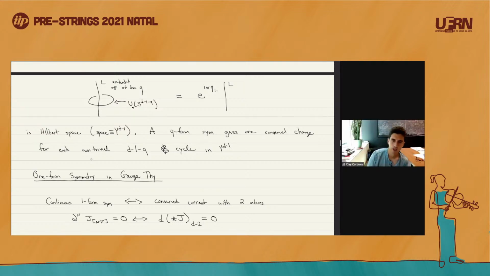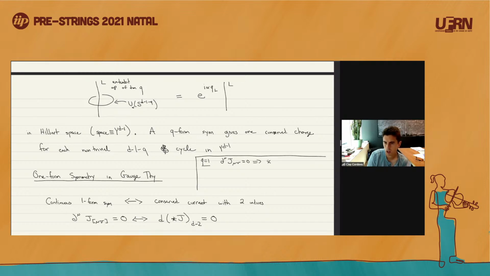Well, let me just do an example, just to see if I can make it more clear. So let's do Q equals 1. Okay, so we've got a two-form current. ∂^μ J_{μν} equals 0.